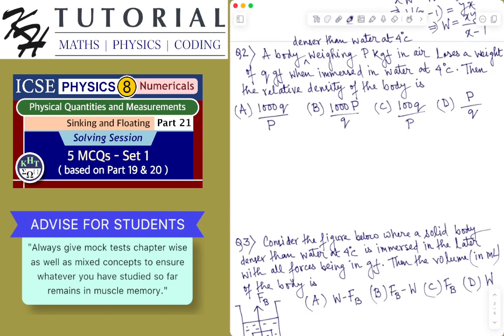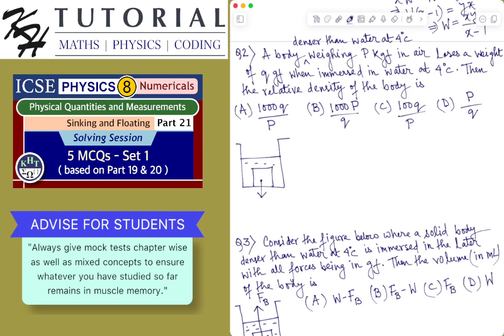A body denser than water at 4 degrees centigrade, weighing P kilogram force (kgf) in air, loses a weight of Q gram force when immersed in water at 4 degrees centigrade. Let's quickly draw the scenario once again. This is water. We have the solid. Since the solid is denser than water at 4 degrees centigrade, it will sink completely.